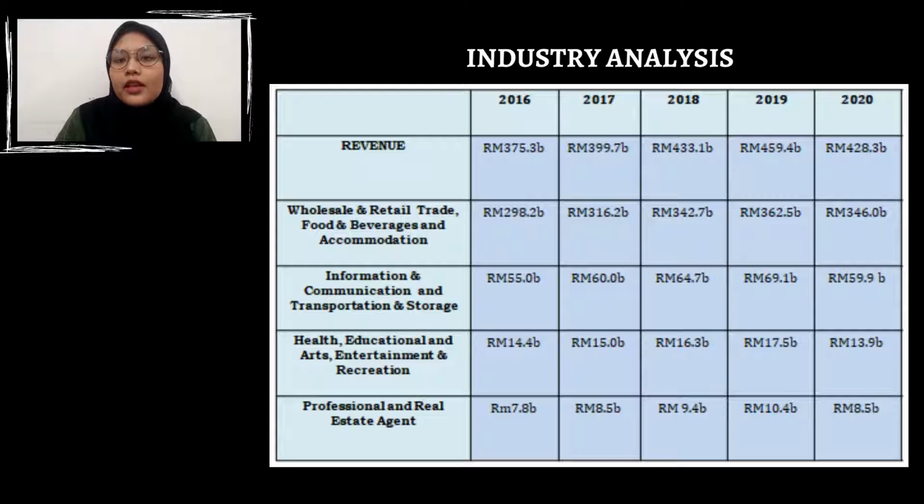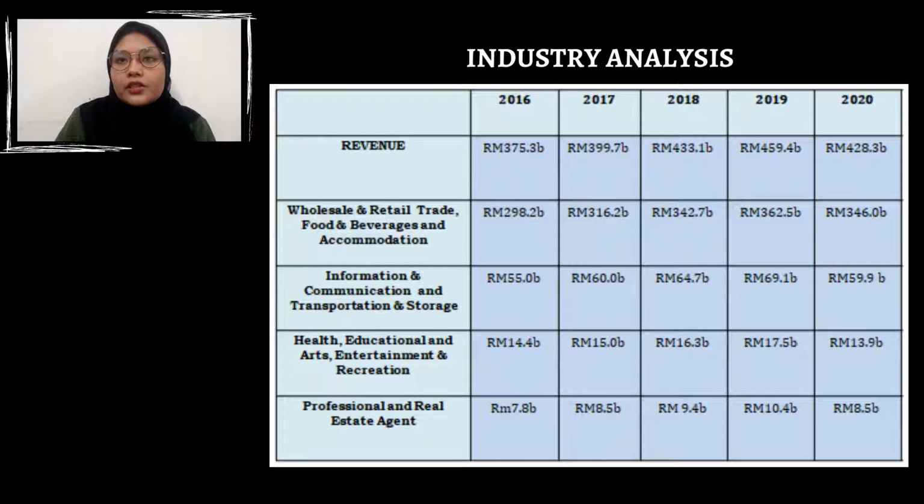For 2018, the total revenue of the service sector is 433.1 billion ringgit. It increased by 8.4% compared to the year 2017. The contribution to the revenue of the service sector from wholesale and retail trade, food and beverage and accommodation is 342.7 billion ringgit.